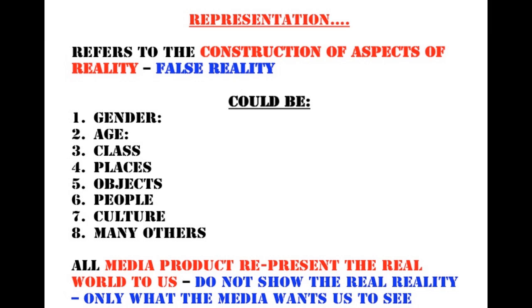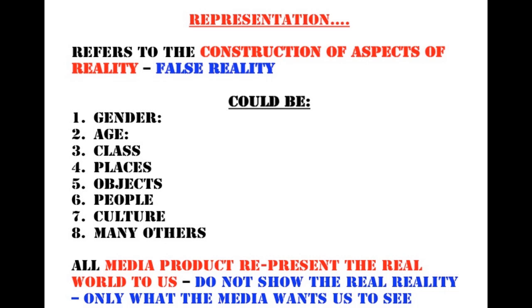Different ways in which representation can be shown in the media are through things such as gender, for example, the way in which males and females are represented, age, different age groups, class, the working class, middle class, upper class, places, in terms of different cities, different countries, objects in society, and people, in terms of job roles, occupations, the different types of people we meet in society, DJs, bands, etc.